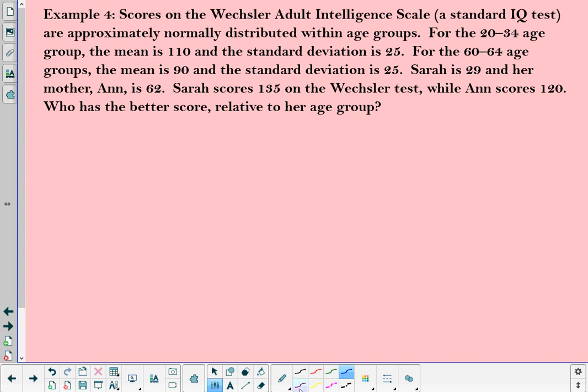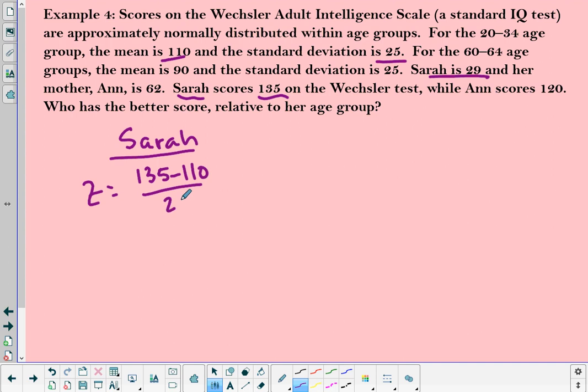So I'm going to find the Z-score for both people. I'm going to start with Sarah because it says Sarah scores 135. So for Sarah, she is 29, which means I'm in this world right here. So Sarah's z-score is 135 minus the 110, which is her mean for her age group, divided by the 25, which is the standard deviation.